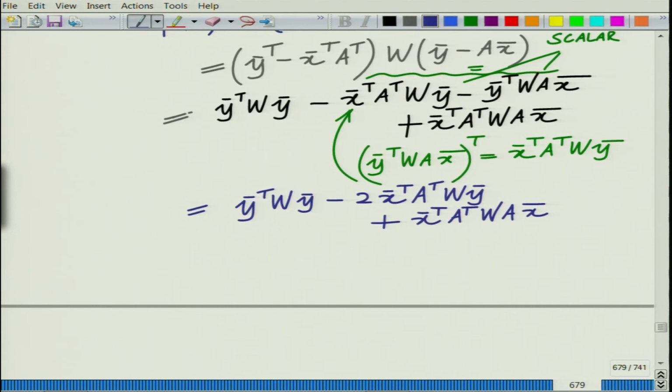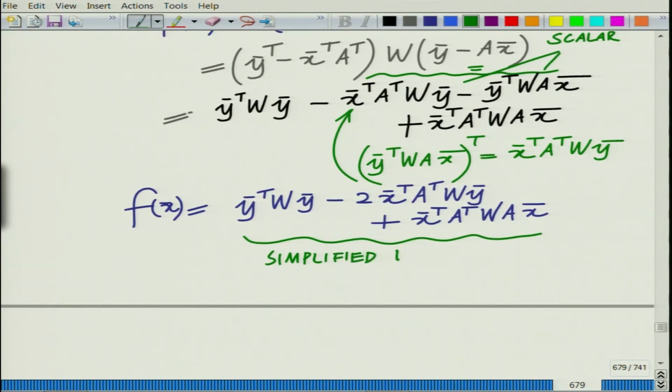So this is your simplified weighted least squares cost function.